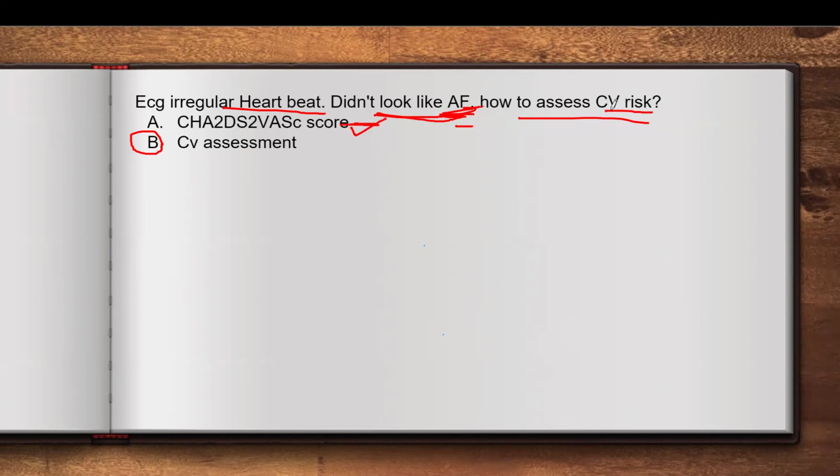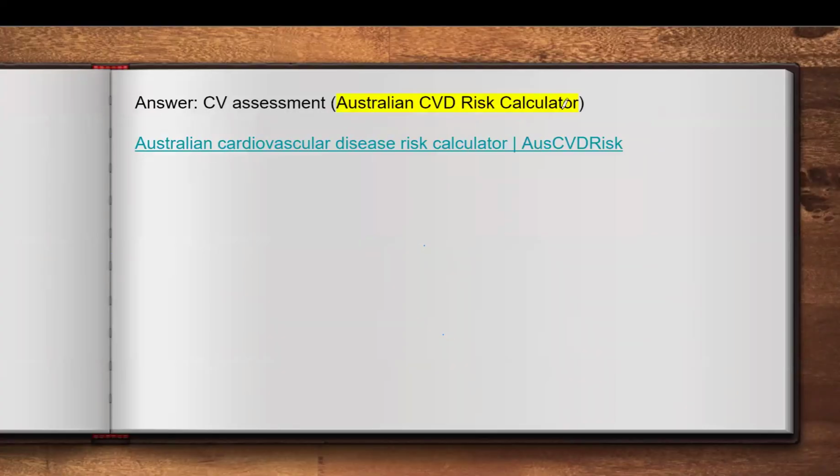Cardiovascular risk is whether the patient will develop any kind of cardiovascular problem in the next 5 years. It can be a stroke, it can be a heart attack, an MI, any peripheral arterial disease, it can be anything. Okay, and that is done with the cardiovascular risk assessment tool. So the whole term for that is Australian CVD risk calculator.